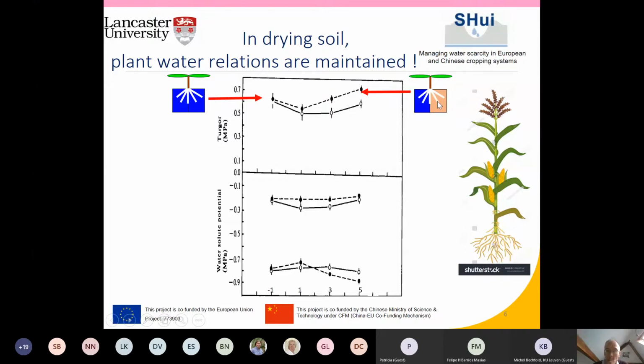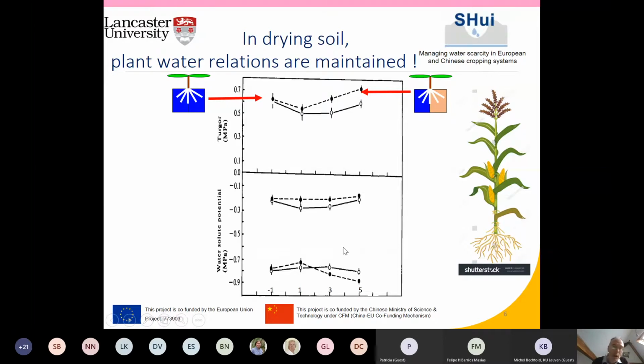Now, Peter and Bill made some very careful measurements of the water relations of the plants, and you can see here that if anything, the plants exposed to the partial root zone drying had a slightly higher turgor as the soil dried over the course of this experiment. These are the component measurements of leaf water potential and osmotic potential.